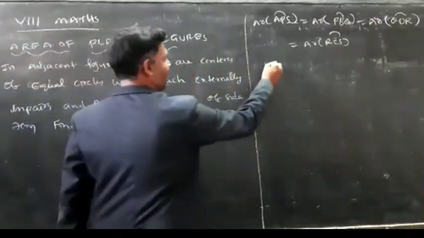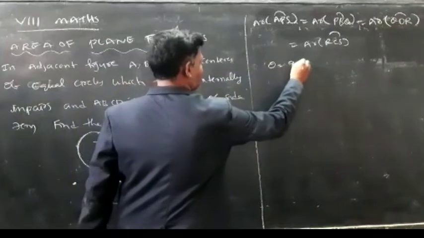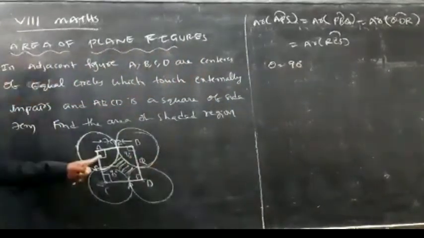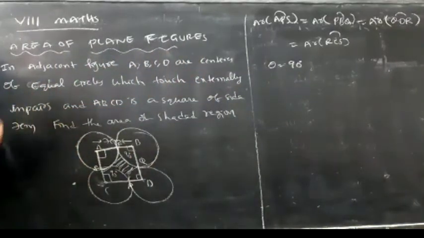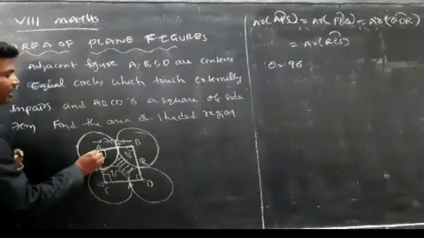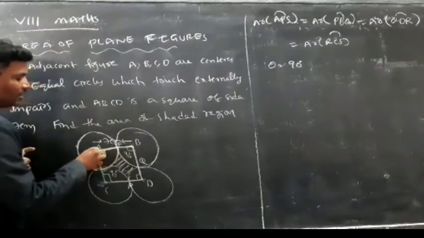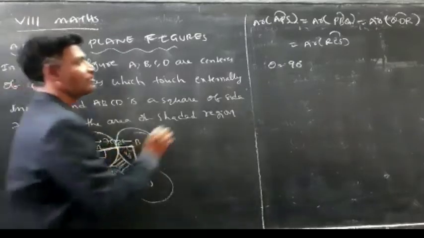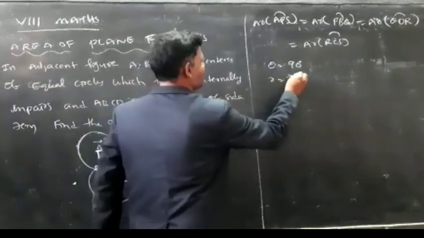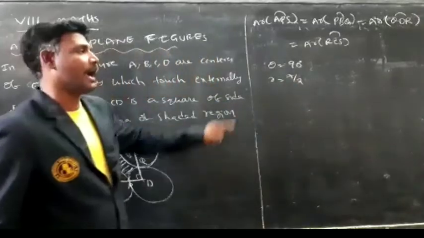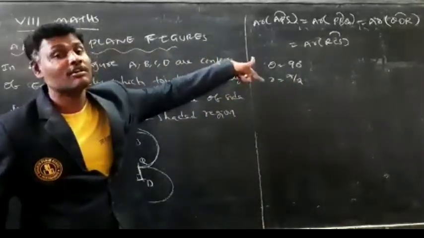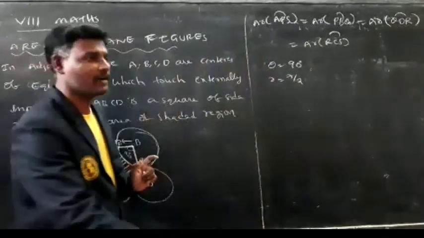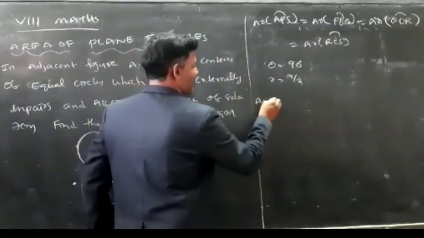Here, what is the angle of the sector? Theta is equal to 90 degrees. And what is the radius? Already I told, the radius of the circle is nothing but half of the side of the square. So r is equal to 7 by 2. Now I know the angle of the sector and also the radius of the sector. What is the formula to find the area of a sector?